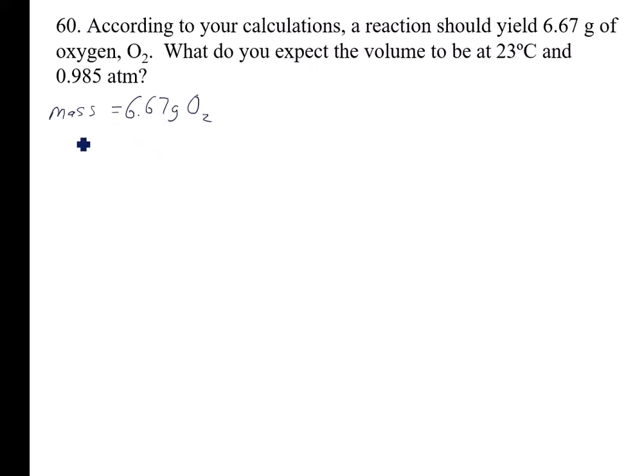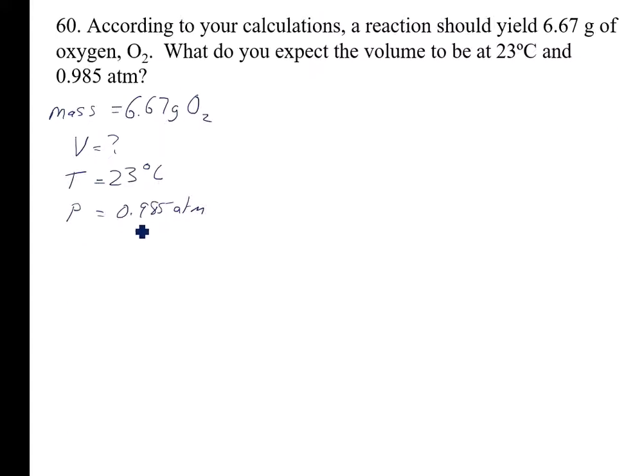It says, what do I expect the volume to be? So the volume is what I want to look for. I have 23 degrees C, and that's temperature. And I have 0.985 atmospheres, and that is pressure.